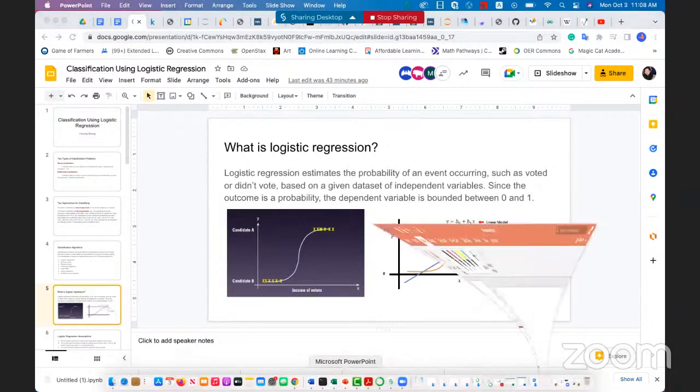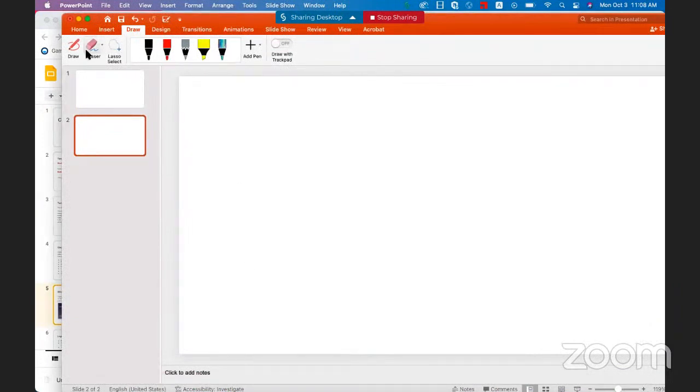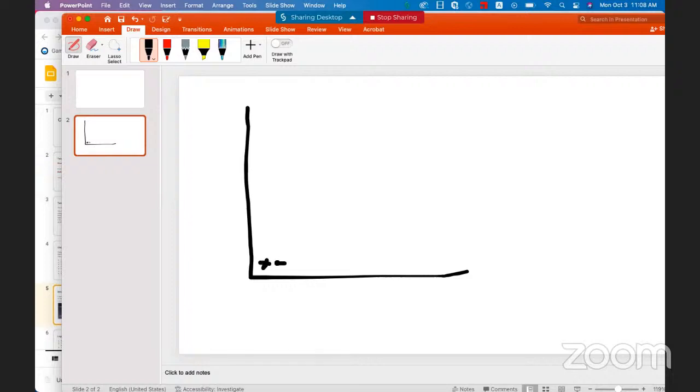Here's an example with a few samples: probability 0, and probability 1.